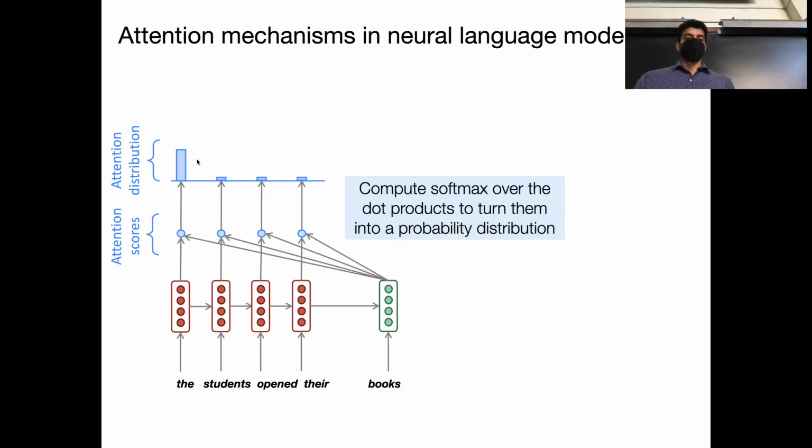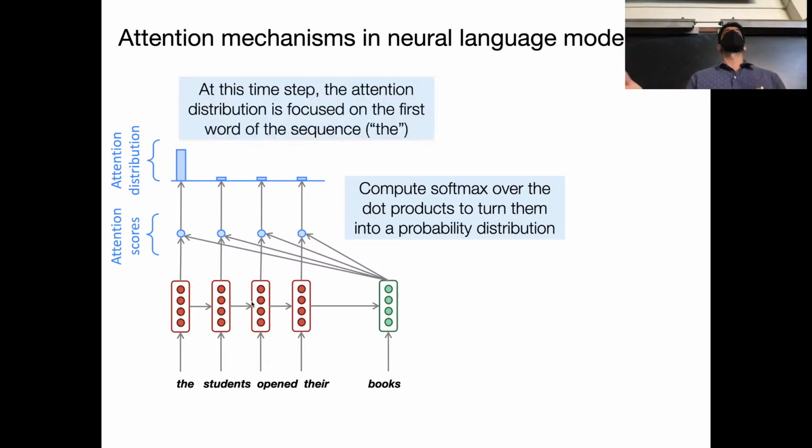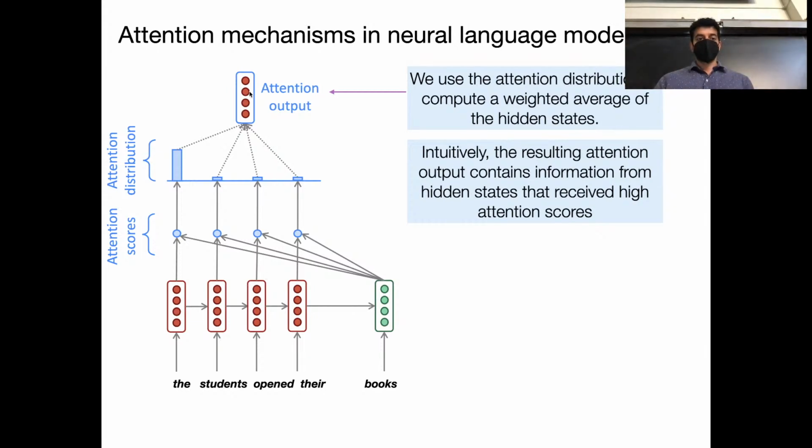Sorry, not element-wise, just a scalar with a vector, right? So this is 0.7 applied to every single dimension of this red vector. Similarly, maybe this is 0.1, this is 0.1, this is 0.1. So all of these are going to get weighted down by 0.1. I'm going to sum the resulting vectors, and then I'm going to get a single vector that is the attention weighted average of my keys. Right? Does this make sense?